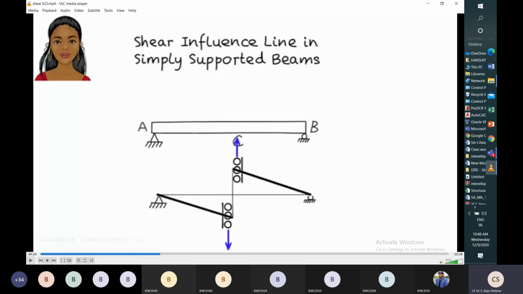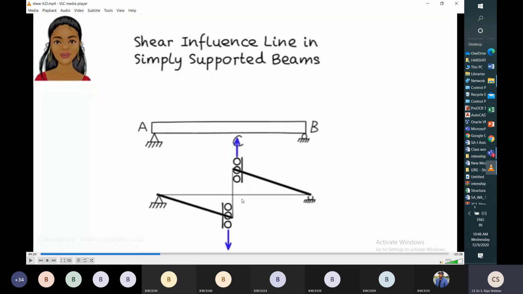So what we did is a shortcut for drawing the shear influence line for any type of statically determinate structure. For that, we have to place a set of rollers at this section, and apply positive shear at that section. That means for the left side section, we apply downward force, and for the right side section, upward force.